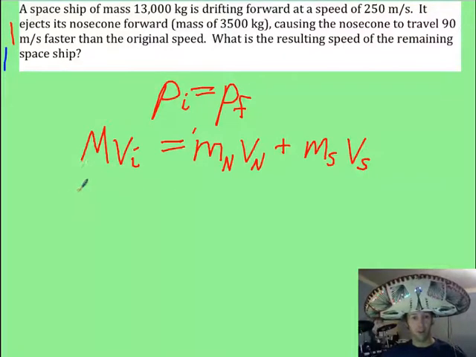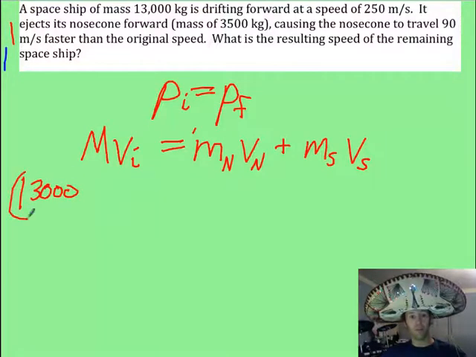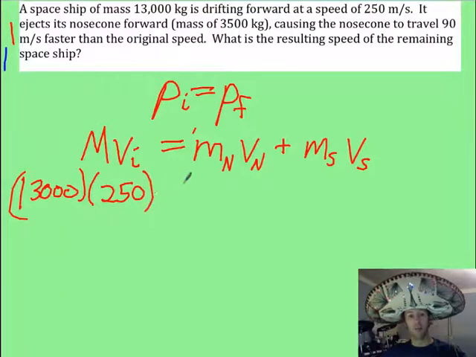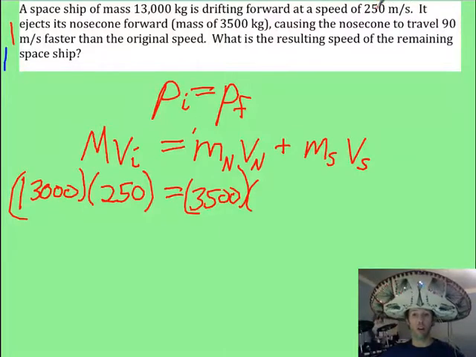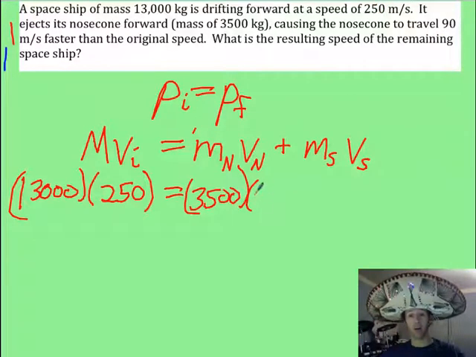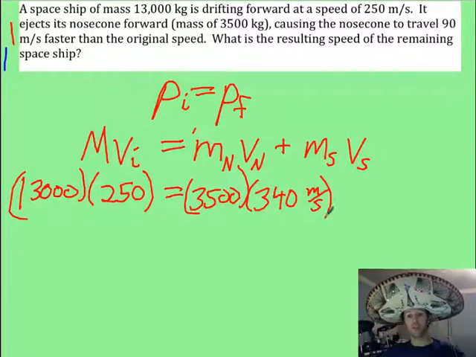Then you should be able to solve it. Now, let me help you out a little bit. We're going to plug in our 1300 kilograms for there, the 250 meters per second there. Mass of our nose cone, 3,500. Velocity of the nose cone, we added 90 meters per second to the already 250 that we had, so that's going to be our 340 meters per second.